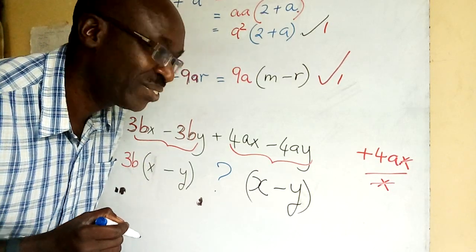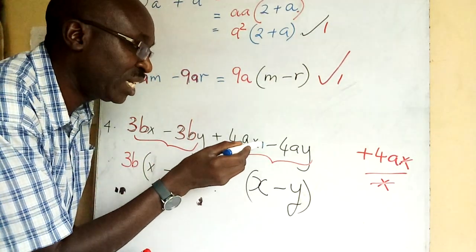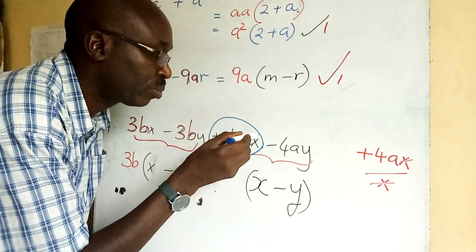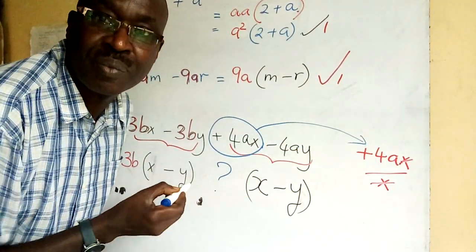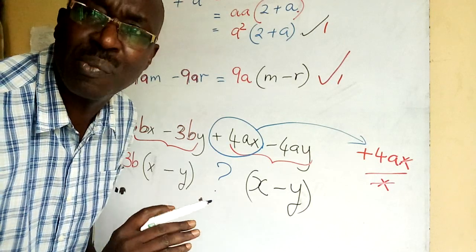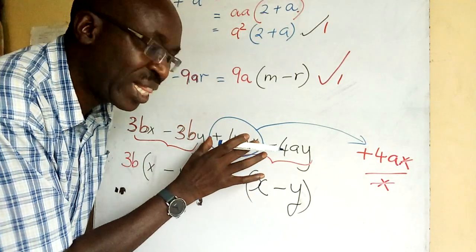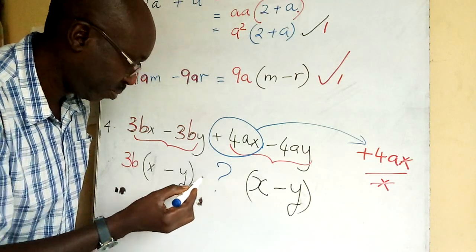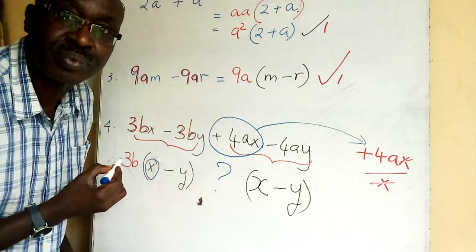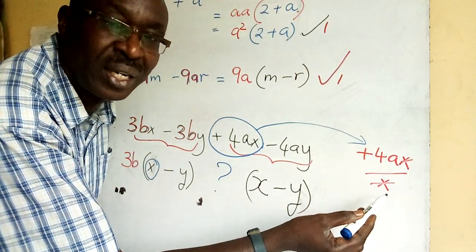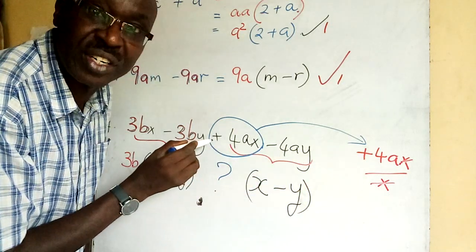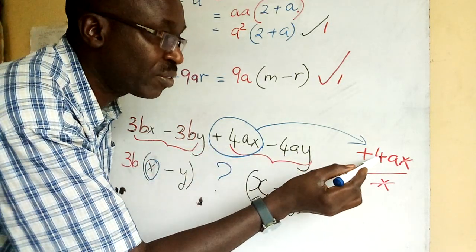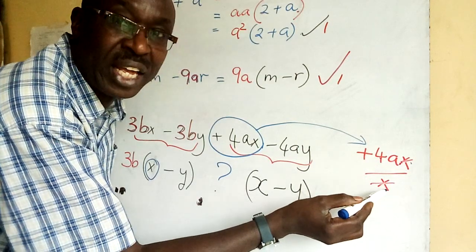Shortcut. You take the third term. The third term, always take the third term, divide by the first term, this. Okay? So, plus, I've included even the sign, plus 4ax divided by x.